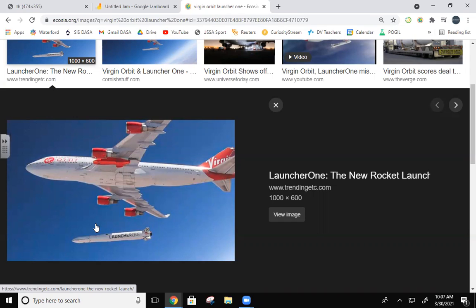Okay. So yes, you can use an air-breathing engine to kickstart yourself, like the Launcher One does off of this 747. This is a perfect name, by the way. This 747 was given this name before it was assigned to be the platform for the Launcher One. This is the 747 named Cosmic Girl.